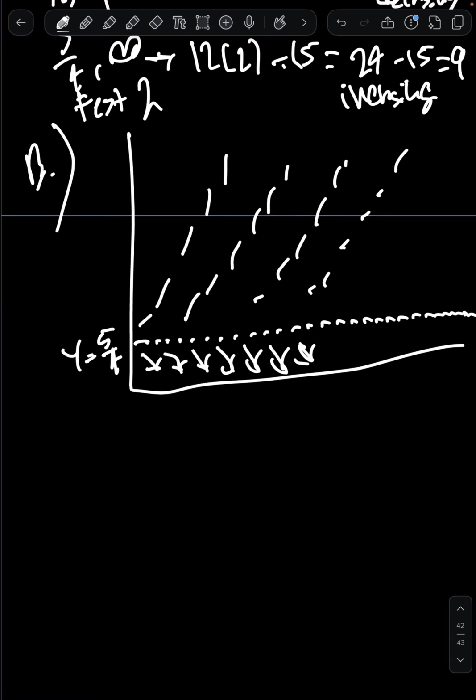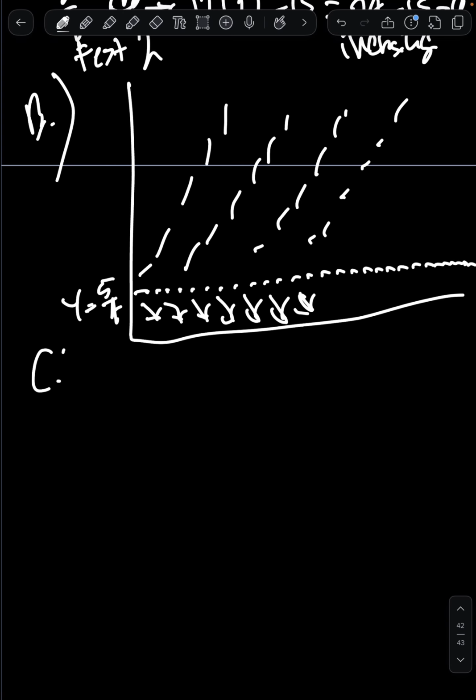So that's part B. Now our last part was to figure out whether this direction field is stable or unstable. Well, this y equals 5/4 is our equilibrium line, right? This is where the slope is 0. The way you can think about this is that because both of these direction fields are going in opposite directions from the equilibrium line, they are moving away from that equilibrium and therefore becoming more unstable.